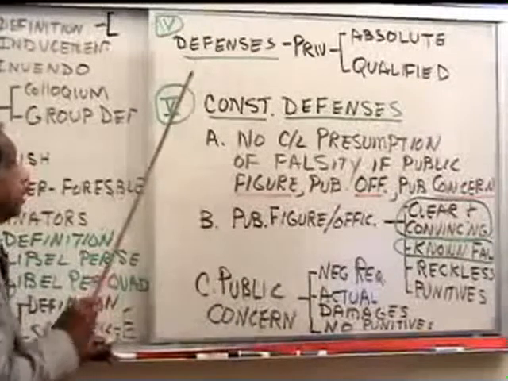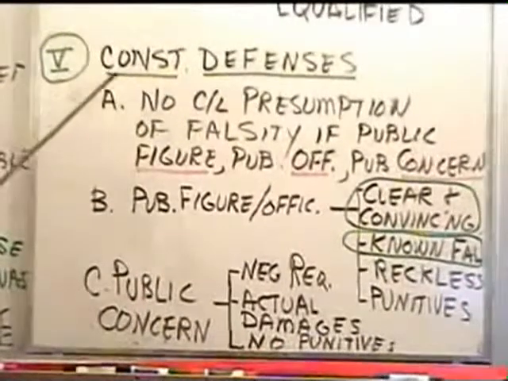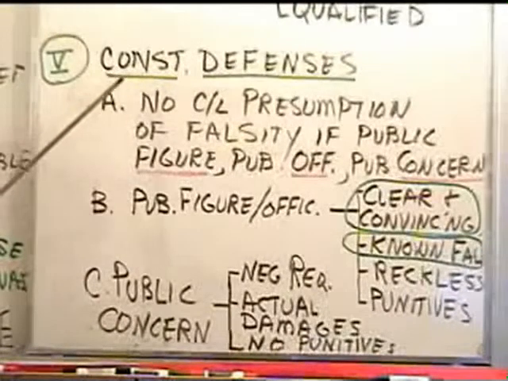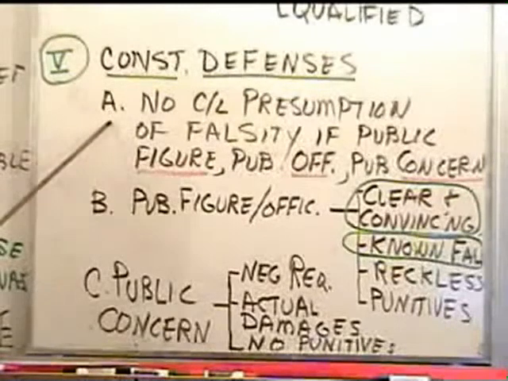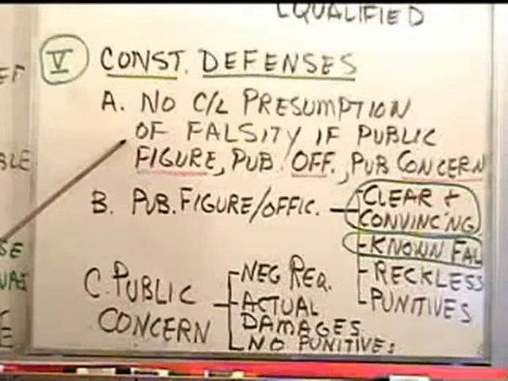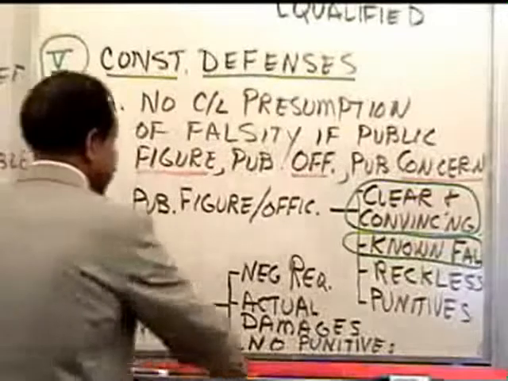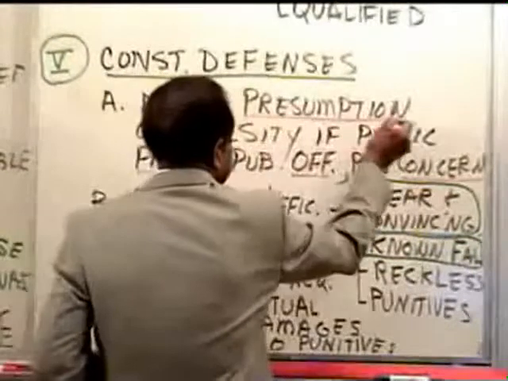Finally, we come to the fifth category of defamation, and those are the constitutional defenses. Now, with the constitutional defenses, there are three things we are concerned about here. One is that at common law, there was a presumption that if I made a defamatory statement about you, it was presumed to be false.